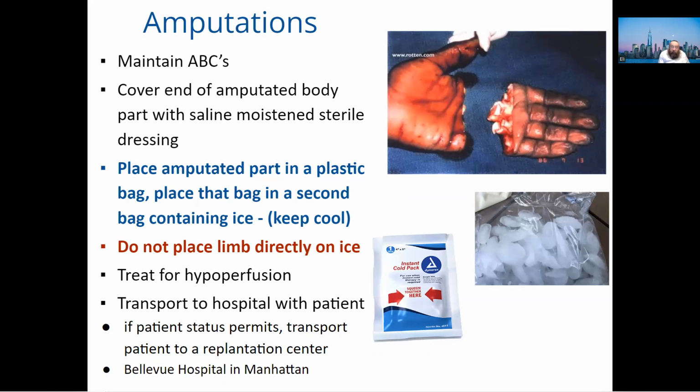That's fine too. But the main point is that you put it in a second plastic bag. You then take the second plastic bag that has the body part in it, and place the whole bag into the first bag with the ice. What is the point? That the body part never comes in contact with the ice.